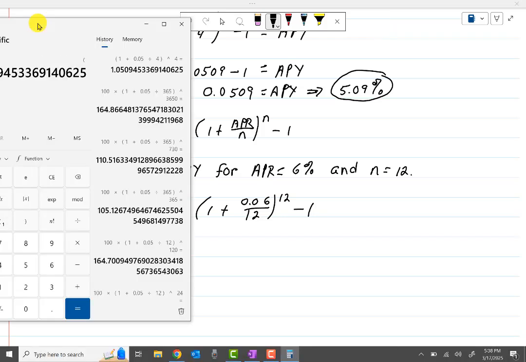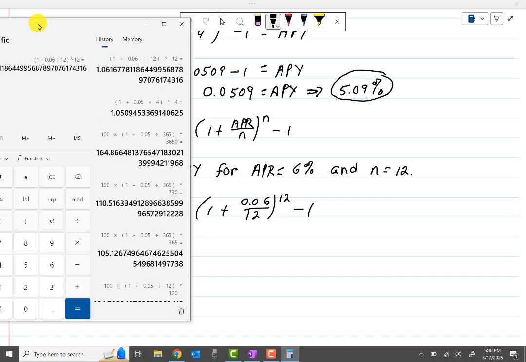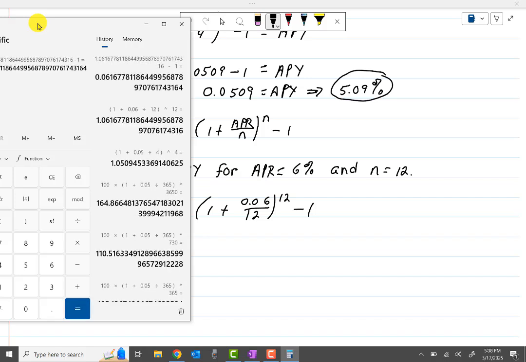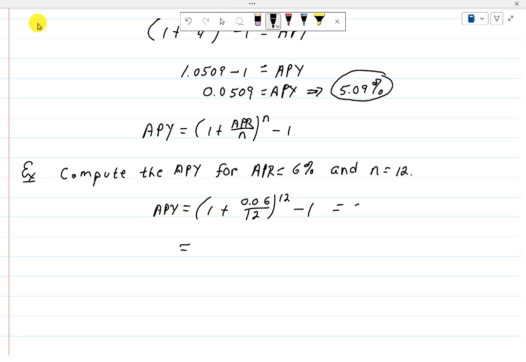Start my parenthesis, 1 plus 0.06 divided by 12, finish my parenthesis, and then take that to the 12th power, enter there, and then subtract 1. And I get 0.0617, or as a percent, 6.17%.